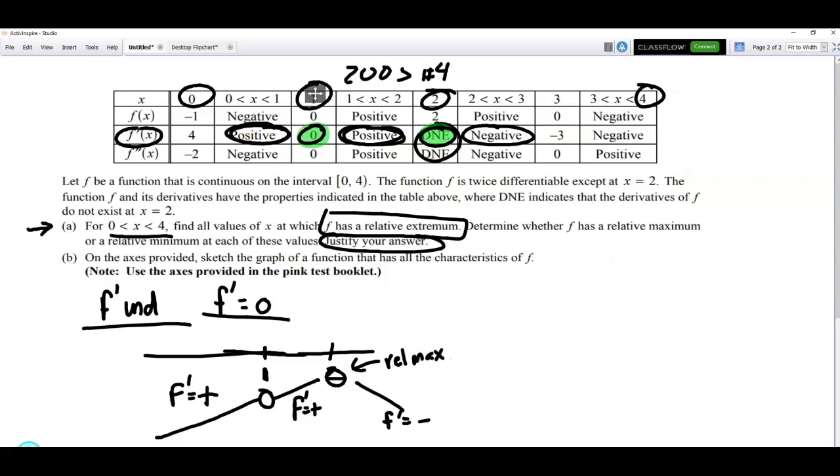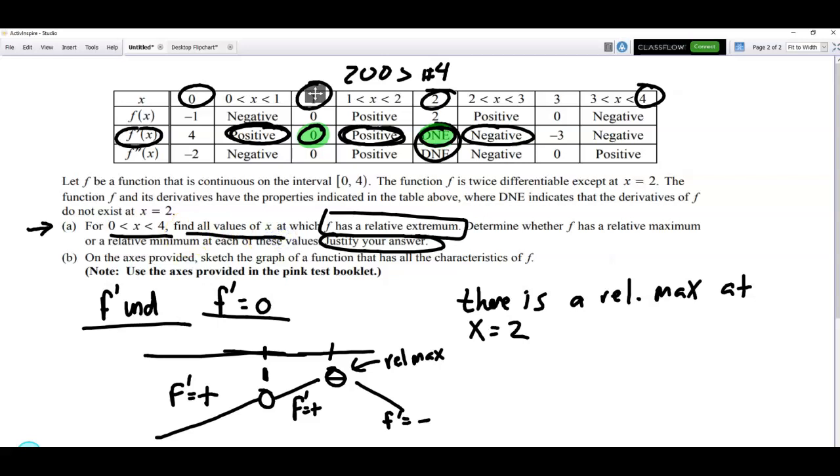Okay? So, we would say there is a relative max at x equals 2. And I wonder if they want the y value. It says find the values of x. So we'll just put x.